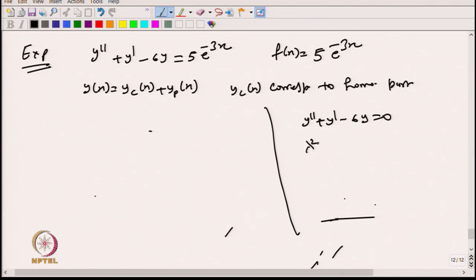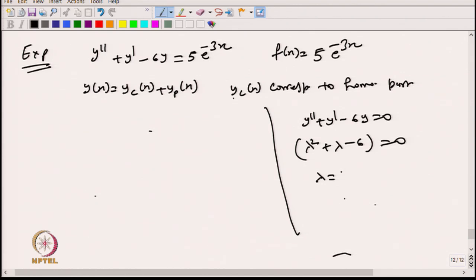So, the characteristic equation will be lambda square plus lambda minus 6 equal to 0, and from here I can find the roots of this quadratic equation.